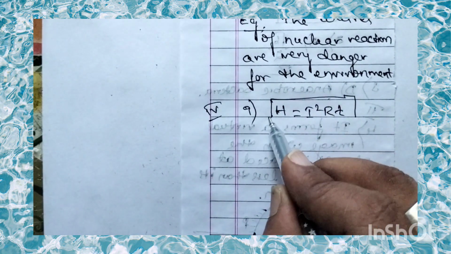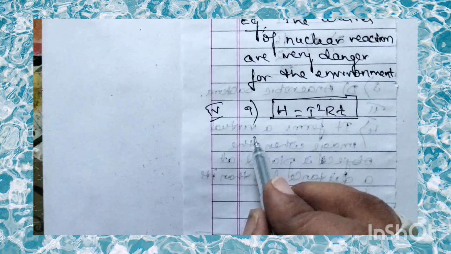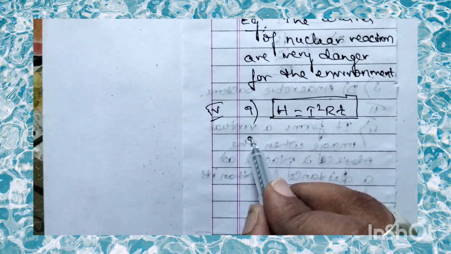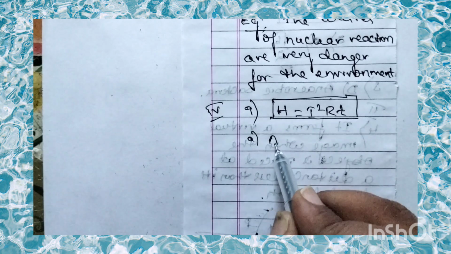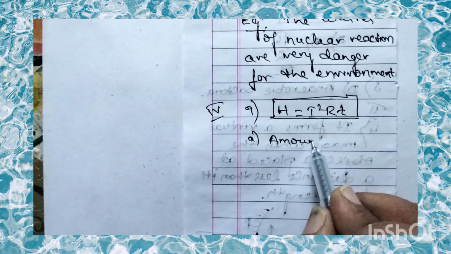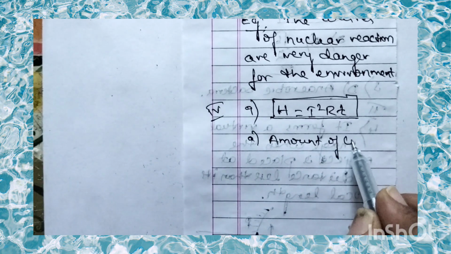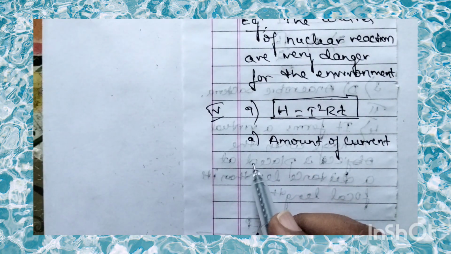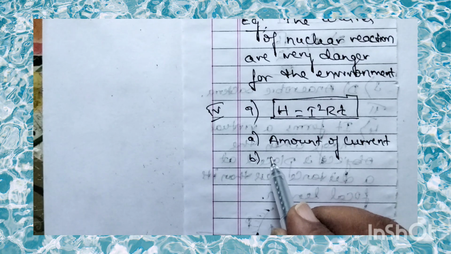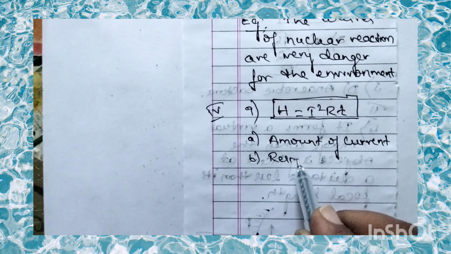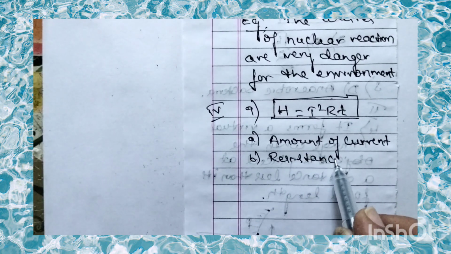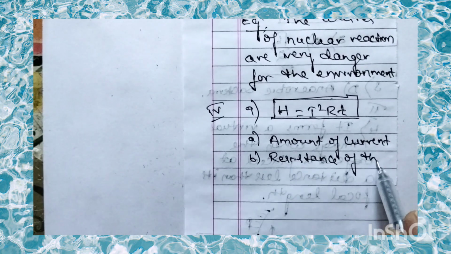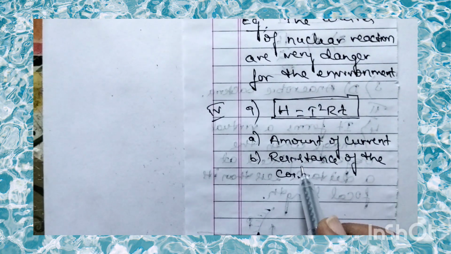This is Joule's law. According to Joule's law, the heat produced in a conductor depends upon the amount of current. How much current we are giving, that much heat will be produced. Second, it depends upon the resistance of the coil.